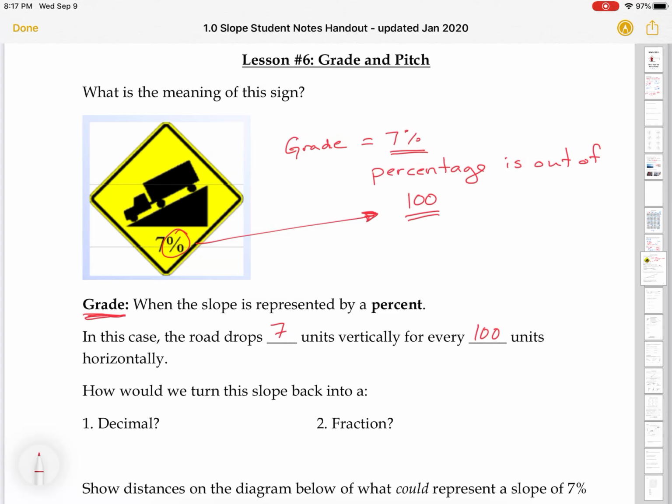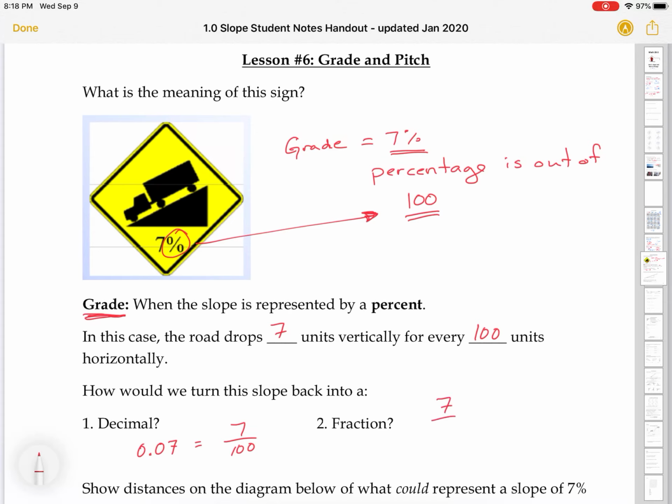Now, how would we turn this slope back into a decimal? Well, the decimal for a percentage is always going to be 0.07. We always do it out of hundredths, and this is the same as having 7 out of 100. And that helps us answer our next question. How would we write this as a fraction?